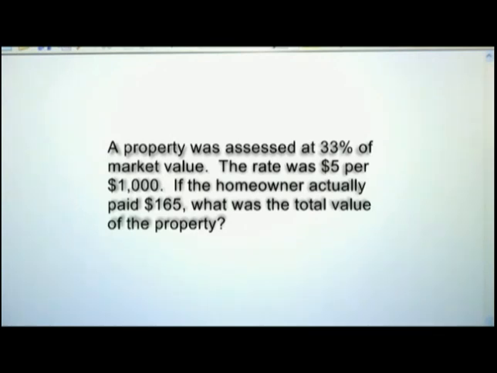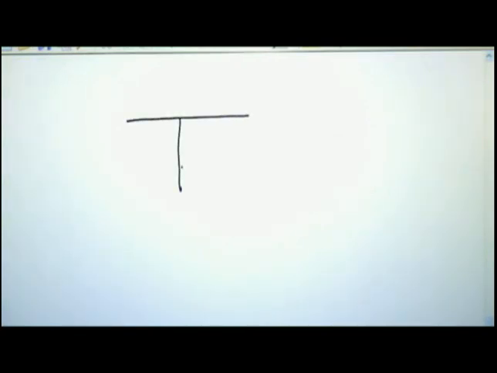And I know the taxes were paid at a rate of $5 per thousand. With those two numbers, I've already learned that I can figure out the assessed value of the property. And I know that the total value of the property relates to the assessed value. So let's figure out the assessed value first. I go to my T and I take $165 taxes paid.